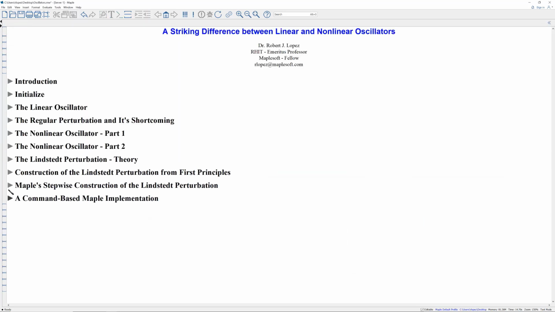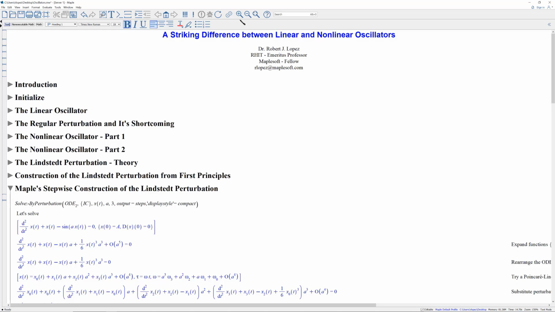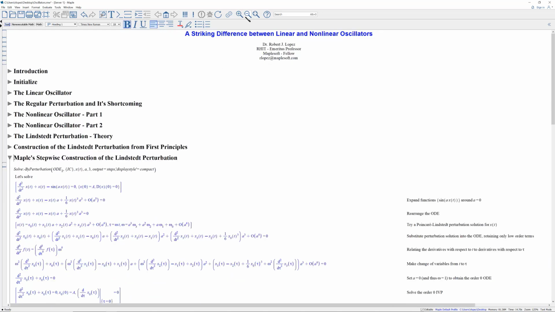I think at this point it should be understandable. Now, the command is the same as I showed earlier, but I have modified it by this one extra option, this display style equals compact, which takes these annotations and moves them to the side instead of them being interlinear, which makes it, in my opinion, much harder to read.